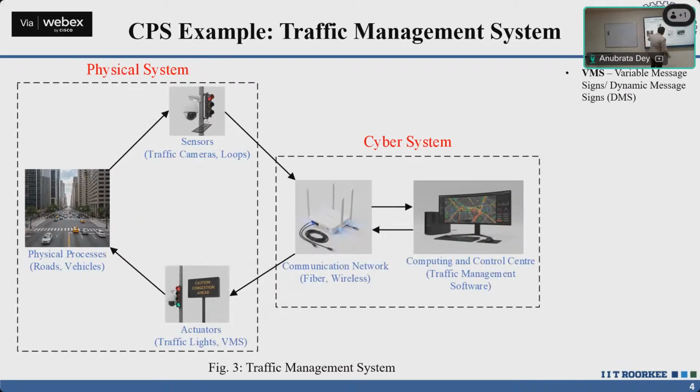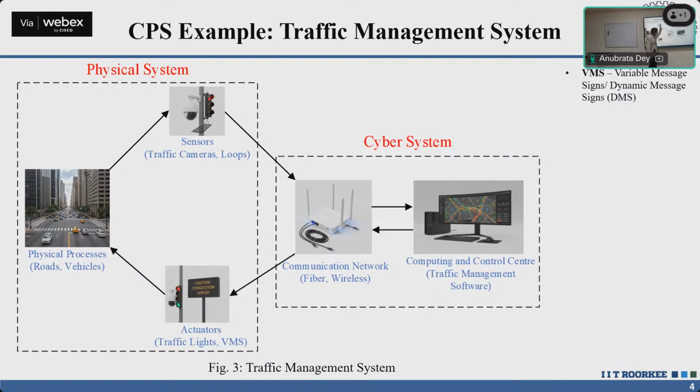The second example you can consider is traffic control. The physical process here is the vehicles moving on the road, and the sensors are cameras that capture data related to traffic density and other parameters.